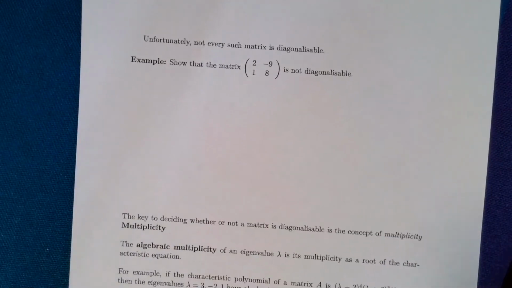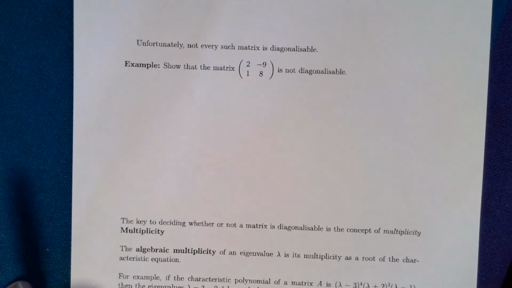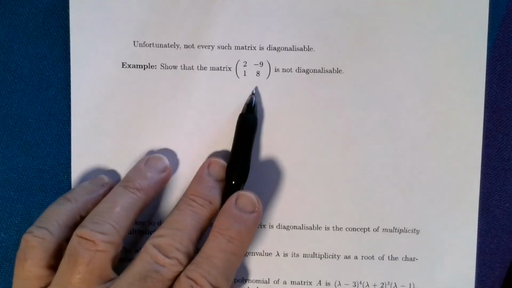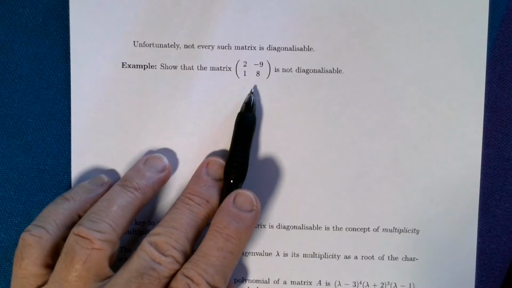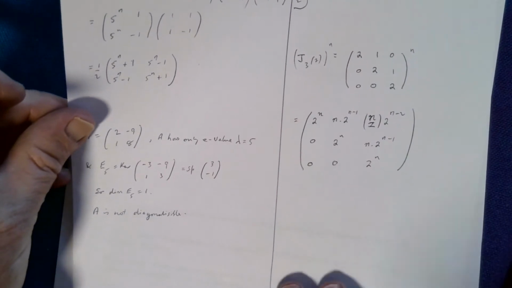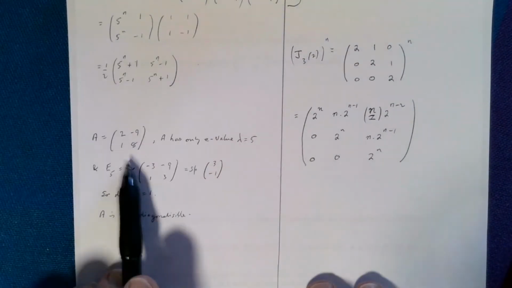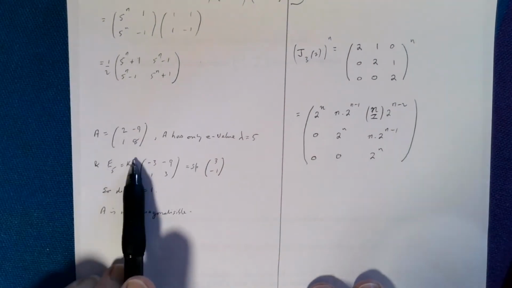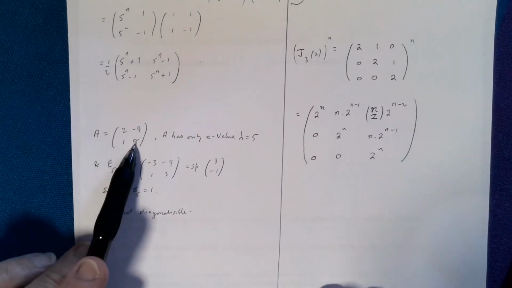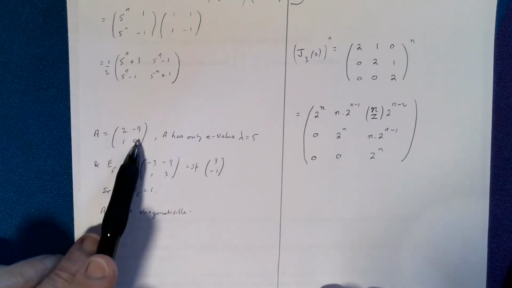Unfortunately, as you're probably aware, not every matrix is diagonalizable. So, for example, this fairly harmless looking matrix here turns out not to be diagonalizable, and we can show that very quickly by just calculating the eigenvalues and eigenvectors for this one. Now this turns out only to have one eigenvalue, and from the trace you see it's going to have to be 5 because 5 plus 5 is 8 plus 2.